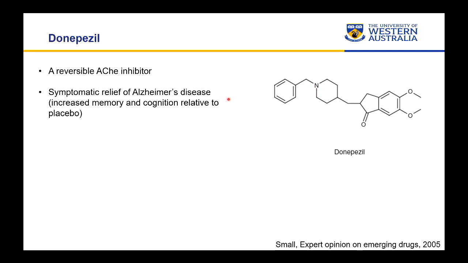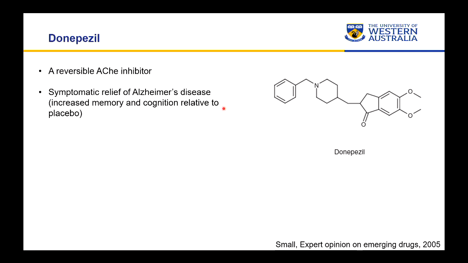And this actually provides symptomatic relief of Alzheimer's disease symptoms. Mostly it improves memory and cognition relative to placebo. So it does improve memory in some cases. We know that acetylcholine is important to some memory. For example, in animal studies, acetylcholine is really important for acquisition of the fear memory.